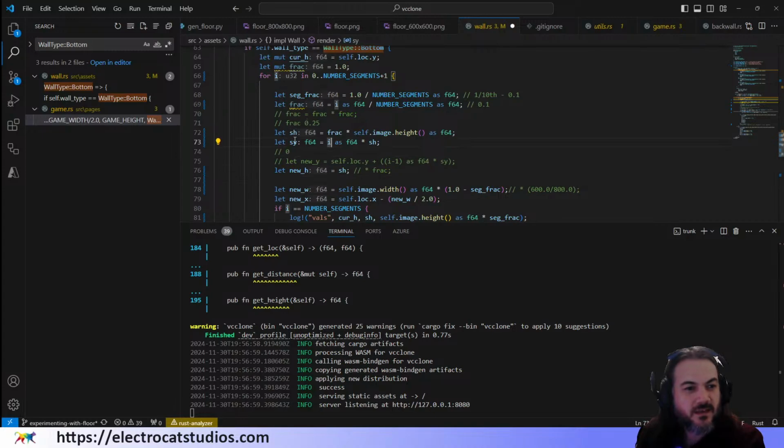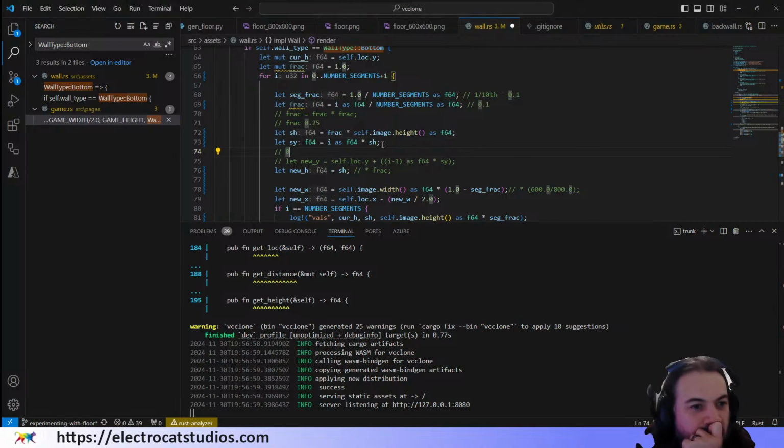I think it's possible that this is wrong and it's actually flipping it over, but that's okay. We can deal with that later. So the start height's correct, the start y is correct.